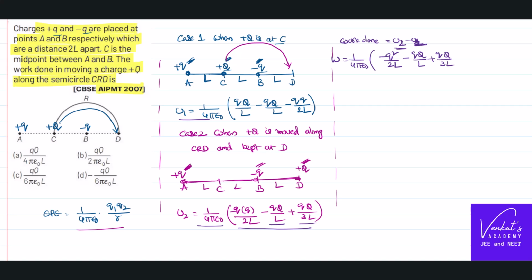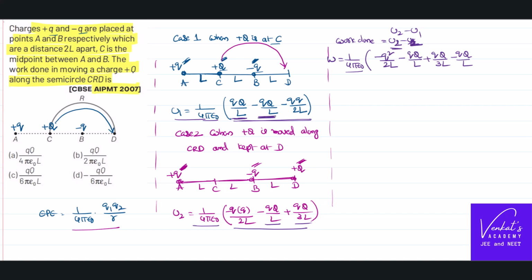Minus U1: as I have to write U2 minus U1, I have to write a minus to all these terms, because 1 by 4 pi epsilon naught I have already written. This was plus, now I have to write it as a minus: minus qQ by L. This was minus, now minus of minus becomes plus, so plus qQ by L. This was also minus, now it becomes plus q square by 2L.